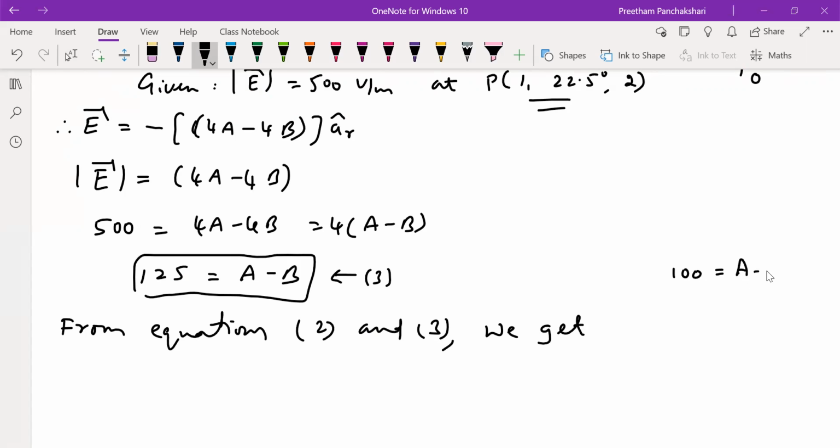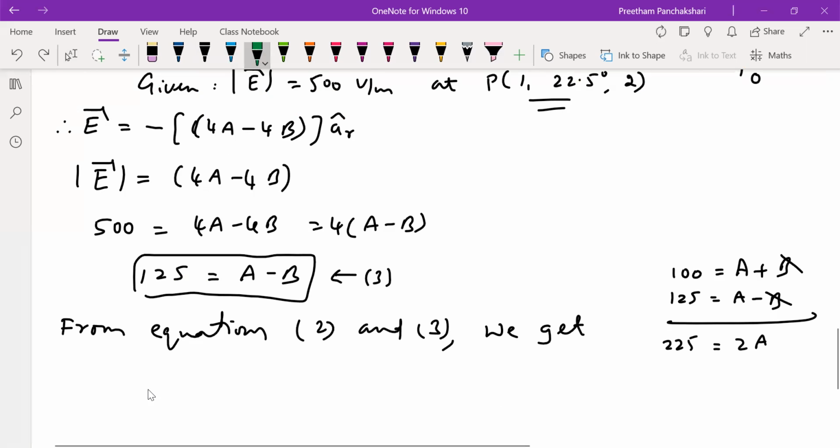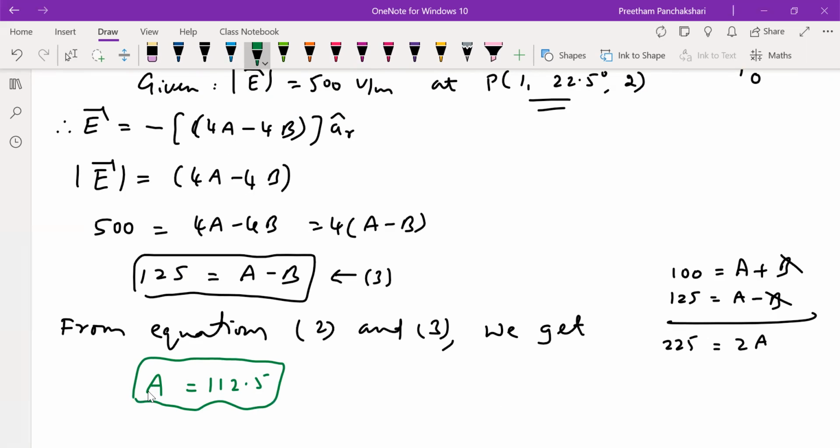Adding them: 200 equal to A plus B, 325 equal to A minus B. B cancelled. 225 equal to 2A. So the value of A becomes now, divided by 2, 112.5. We got A.